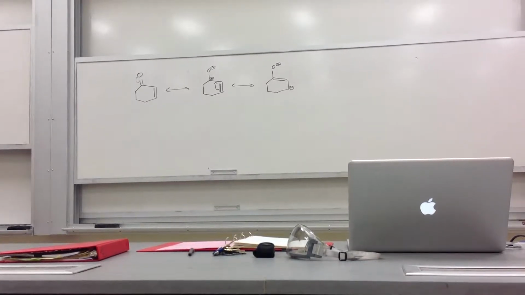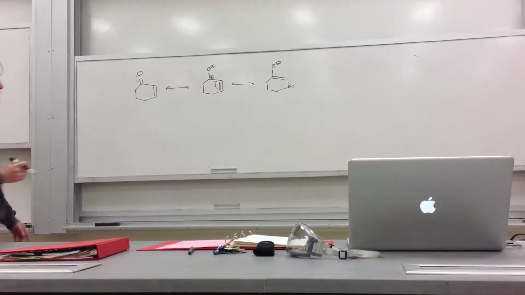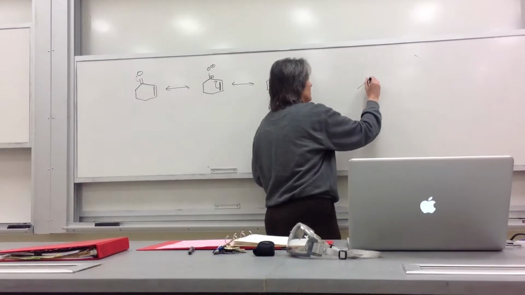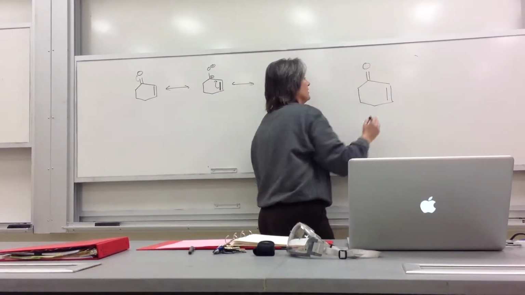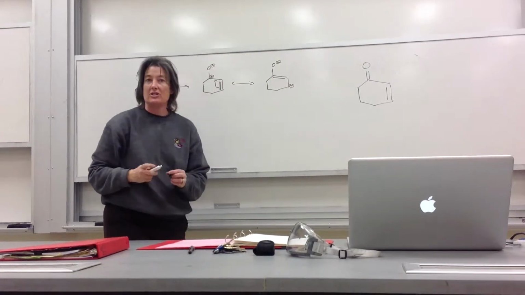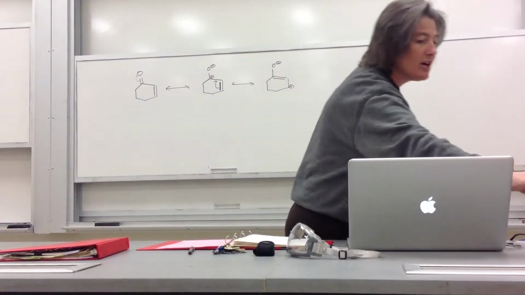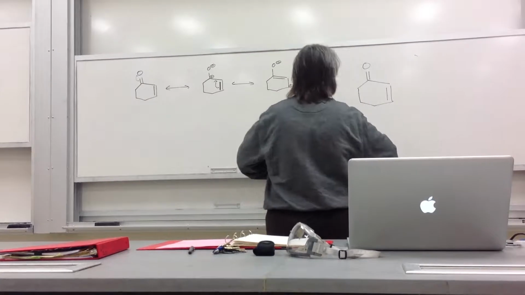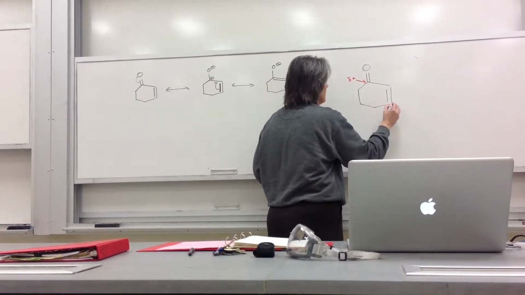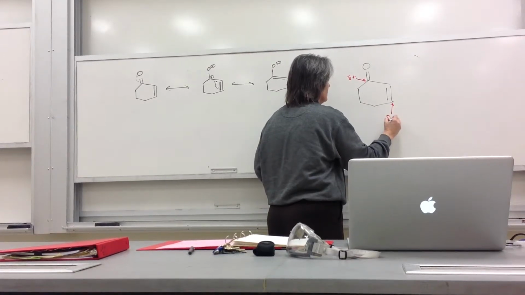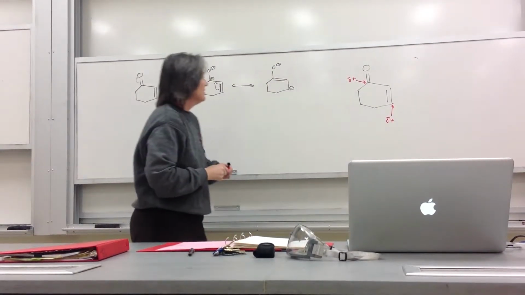So what this means is that in this system, looking at the whole thing, I have 2 places with delta pluses on them. I have a carbon with a delta plus in the usual spot, and a carbon with a delta plus way down on the beta carbon.